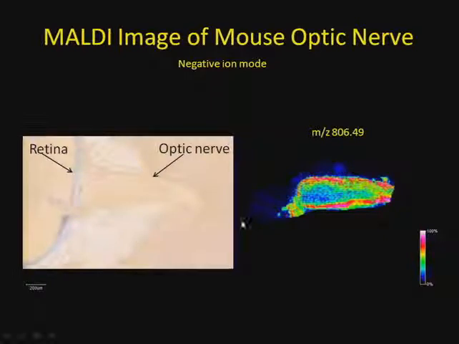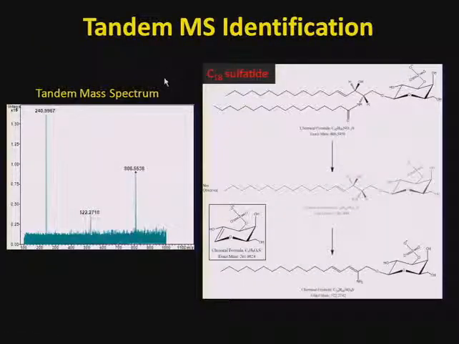Again, the retinal layer, and this particular species is located in the periphery of the optic nerve tissue, and it turns out through accurate mass measurement and tandem mass spectrometry on an FTICR instrument, we can get fragmentation of this lipid directly out of the tissue. Turns out that this is a sulfatide species, so a negative ion has got the sulfate group here on the lipid head group. So the sulfatides are enriched in the myelin sheath, and that's what's coating the outside of the optic nerve.